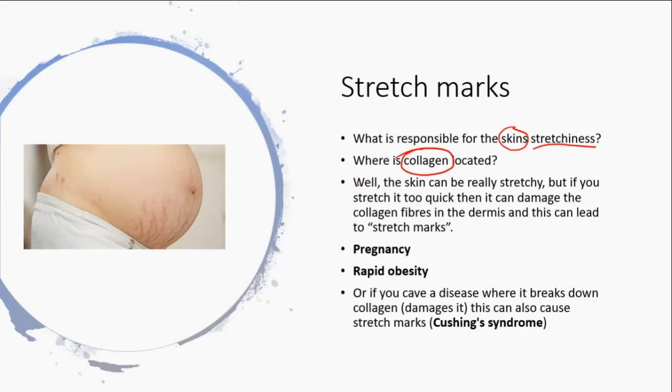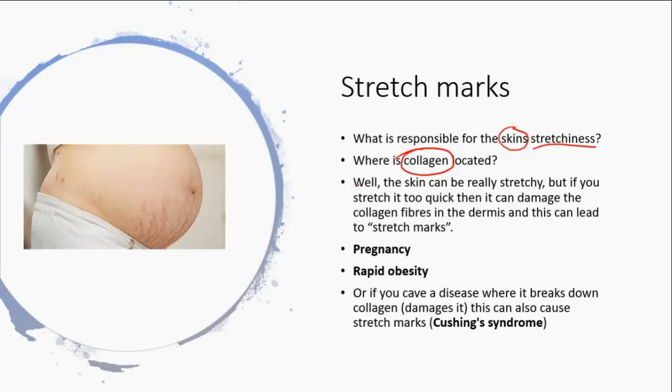So as the person increases weight, the collagen in the dermis will also increase to stretch. Okay, but what happens is that if someone puts on too much weight too quickly, the collagen in the dermis can get broken down, and it can overstretch, and then that's what creates the stretch marks.